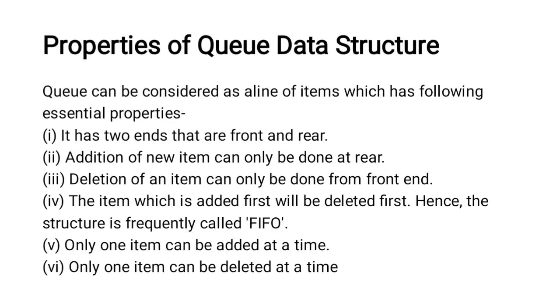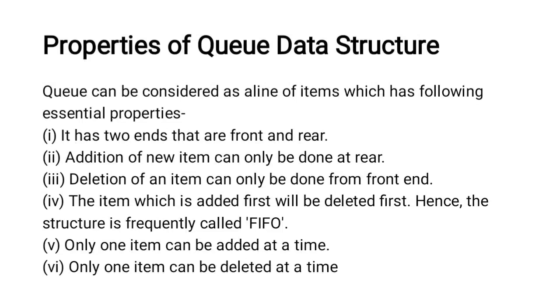The second property, addition of a new item can only be done at the rear. The third property, deletion of an item can only be done from the front end. The fourth one, the item which is added first will be deleted first. Hence, the structure is frequently called FIFO.